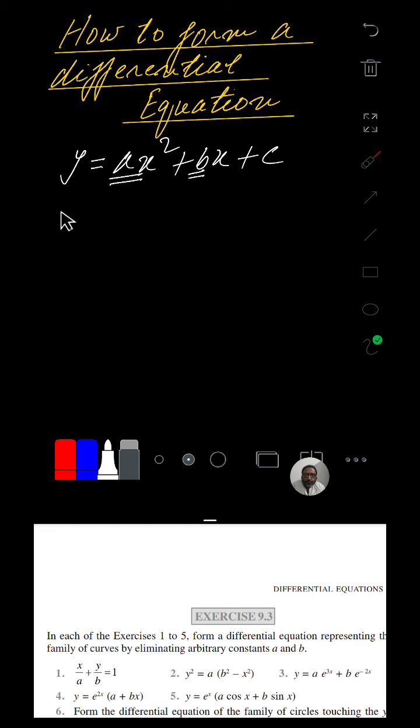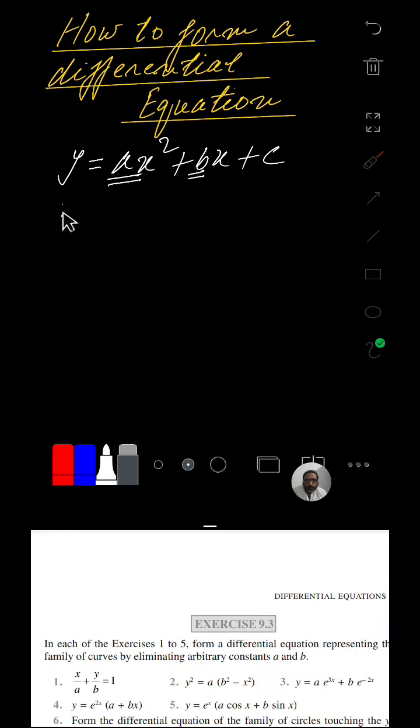So if we differentiate it with respect to x, we get y dash is equal to, in the first term, a is constant coefficient, derivative of x square is 2x, so we get 2ax, and derivative of bx is b, and derivative of c is 0.